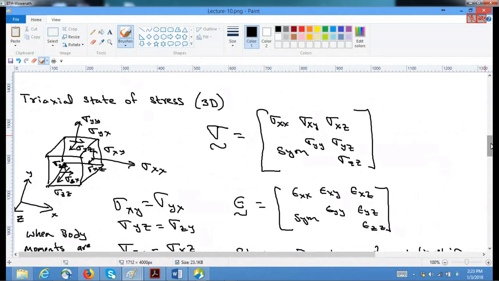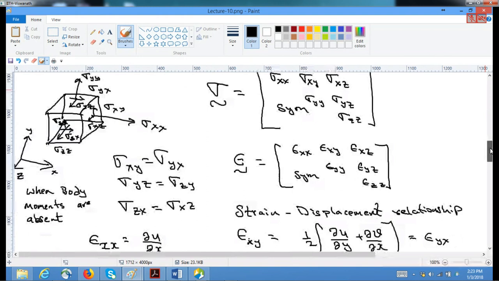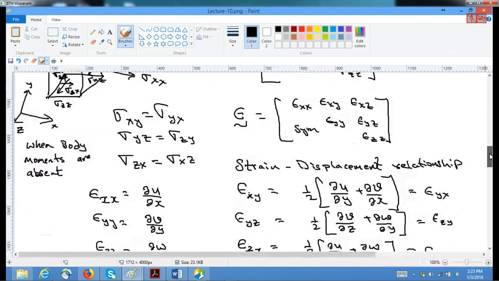Most of the time it is an approximation that you make and solve in 1D, but not all problems can be solved in 1D. So in certain problems one has to do one-dimensional, two-dimensional, or three-dimensional analysis. One such kind of dimensional reduction is the plane stress and plane strain condition.